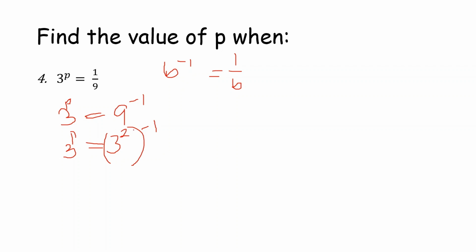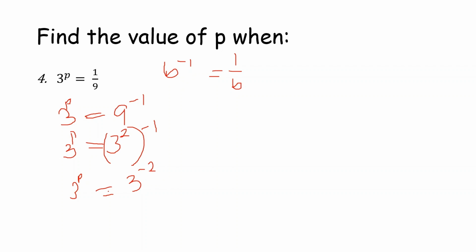So if you now apply the law by multiplying this out, this is going to give you 3 raised to power p equals 3 raised to power minus 2. All right, friends, let's look at this. This equal to is not multiplication, neither is it division. So in this case, you're not going to add together.